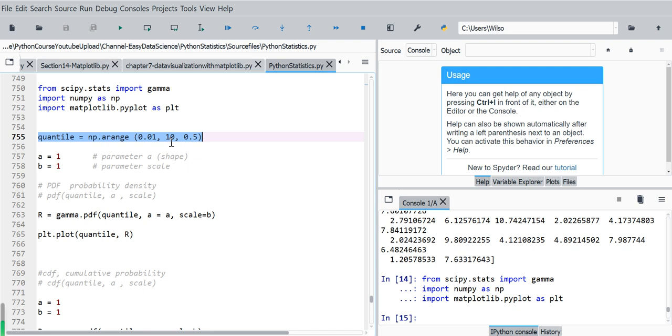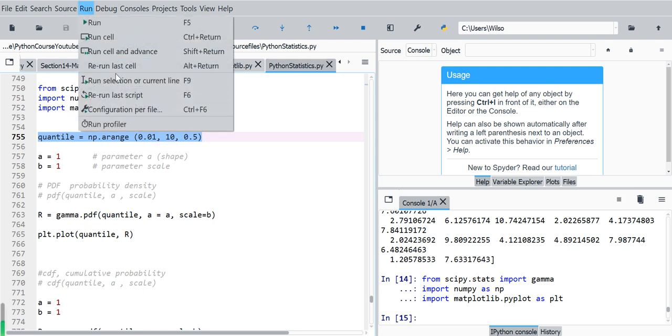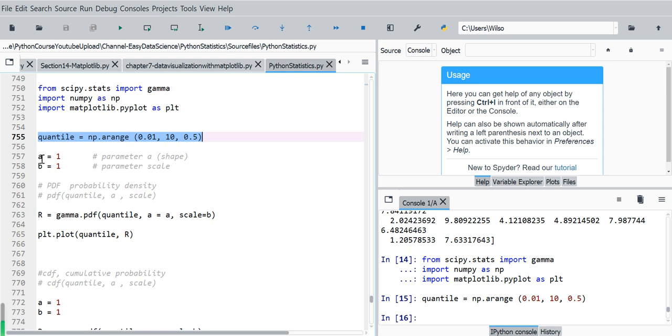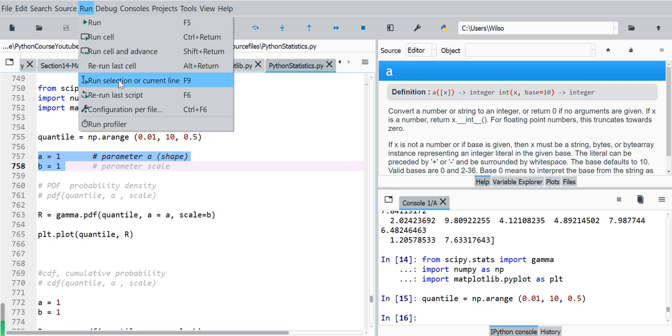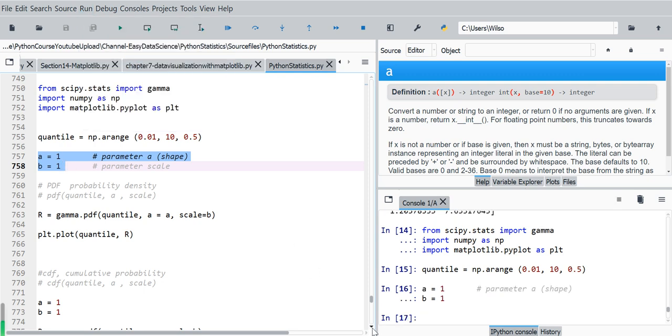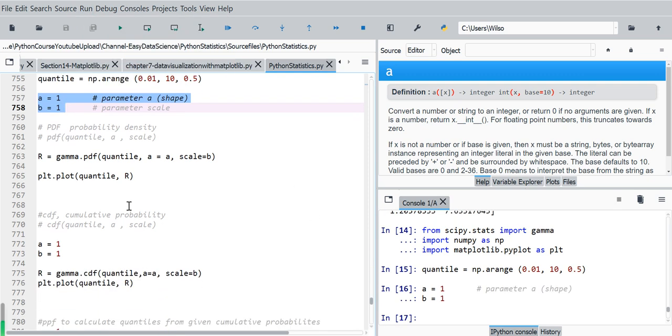Because the gamma random variable has to be a positive number, we set an array between 0 and 10. We just set a for the shape and scale both equal to 1. Actually a equals 1 means the exponential distribution.